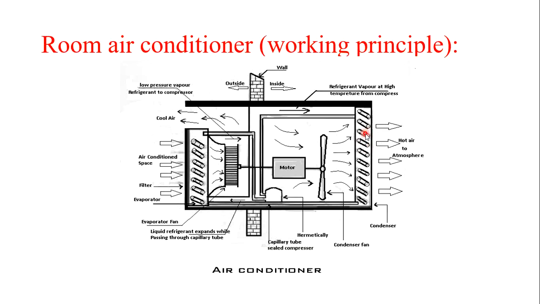Therefore, in the condenser, it changes the state of the fluid from vapor to liquid. So the liquid refrigerant from the condenser part is made to pass toward the capillary tube. When it enters the capillary tube, both temperature and pressure of the liquid refrigerant are reduced. Therefore, finally, from the capillary tube, we have very low pressure, low temperature liquid refrigerant that is ready to flow in this evaporator coil. This completes one cycle of the air conditioning system.